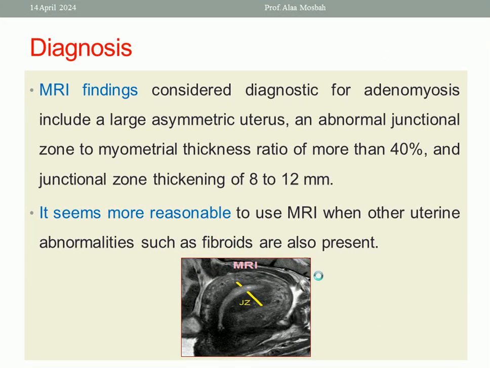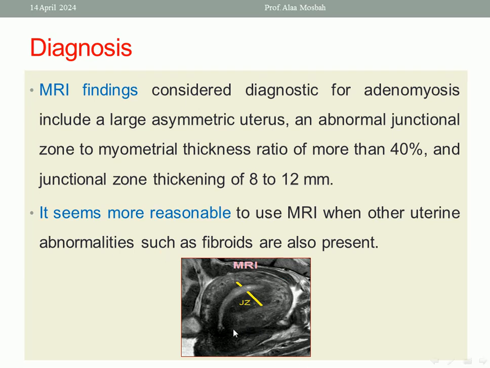So, what about MRI findings in adenomyosis? MRI findings considered diagnostic for adenomyosis include a large asymmetric uterus, an abnormal junctional zone to myometrial thickness ratio of more than 40%, and junctional zone thickening of 8 to 12 millimeters. Look at this picture, please.